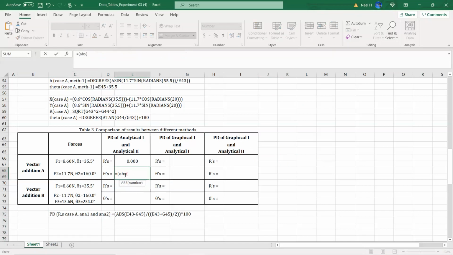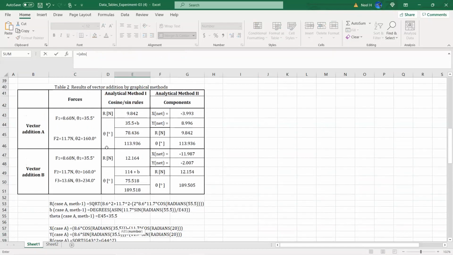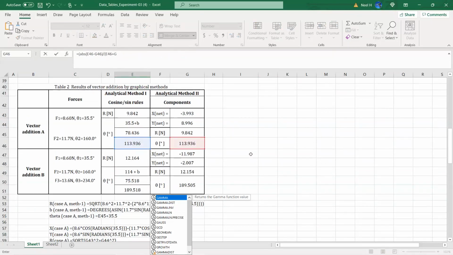ABS, open brackets, theta, the resultant theta from analytical 1, table 2 minus analytical 2, table 2, close brackets, divide by the average between them, E46 plus G46, close bracket, close bracket, divide by 2, close double bracket, multiply by 100.